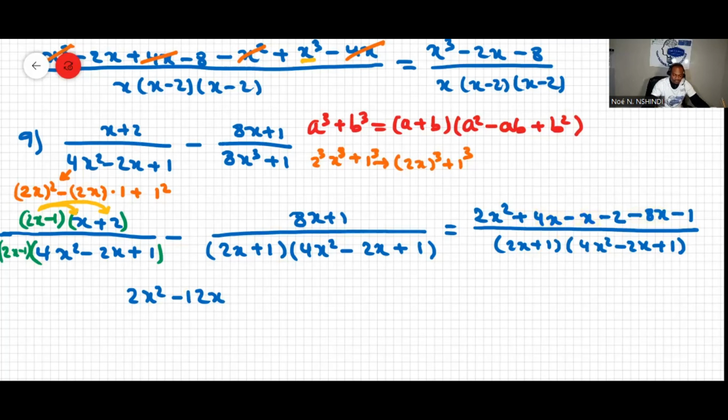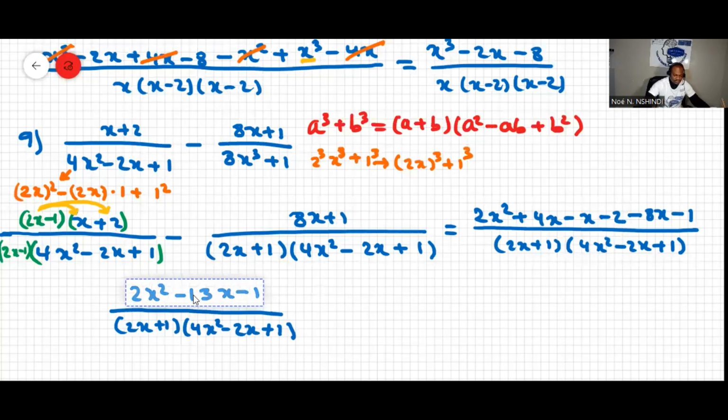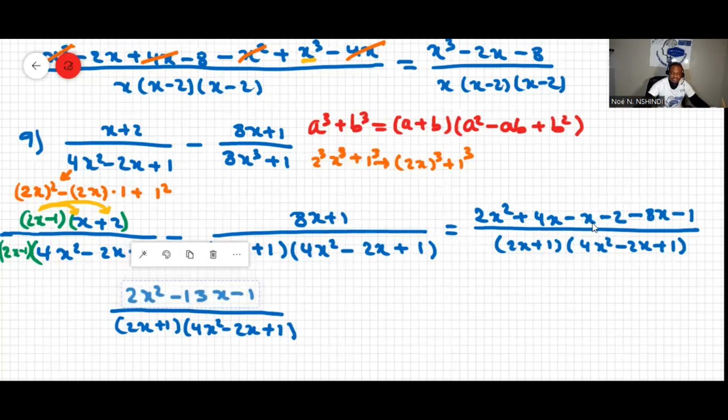So negative 13x minus 1 all over (2x plus 1) (4x squared minus 2x plus 1). Then, hold on a second. Oh, this is not 13, this must be 3x, because 4x minus x makes 3x.